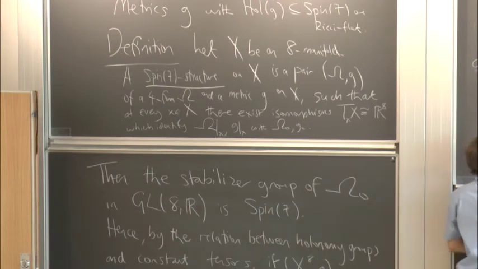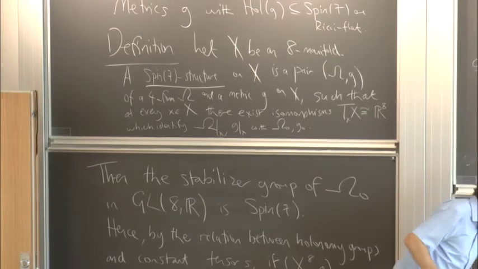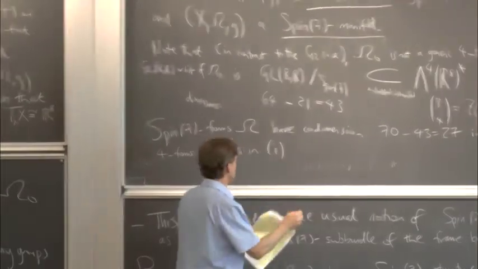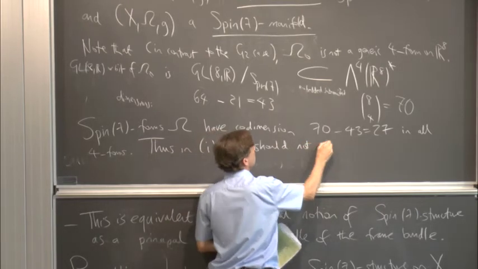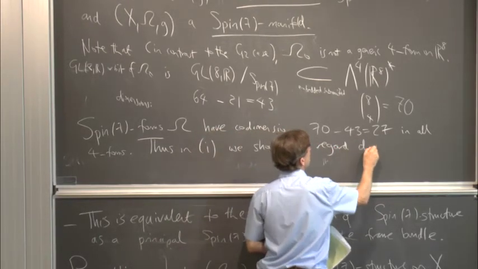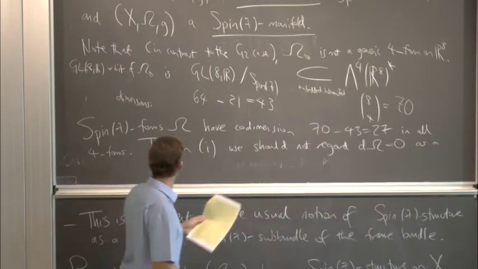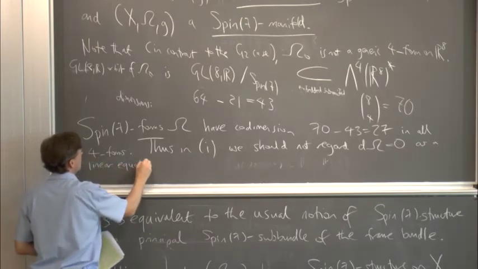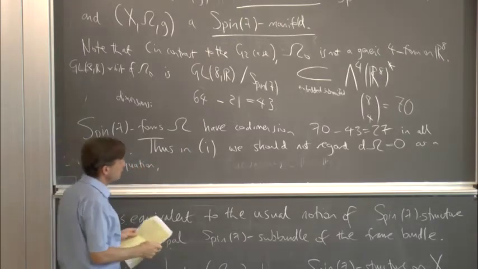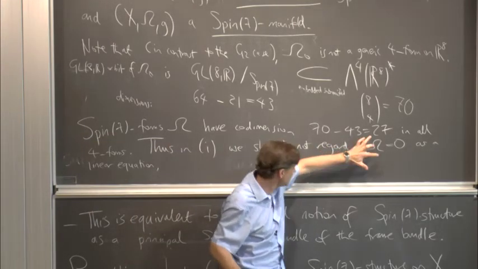Thus in part 1 of the proposition, we should not regard dΩ = 0 as a linear equation, since, well, it's a first order linear equation, but Ω also satisfies a 0th order nonlinear equation.